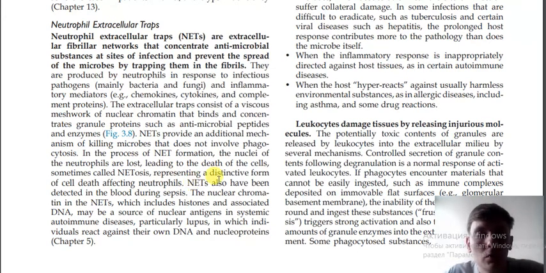NETs have also been detected in the blood during sepsis. The nuclear chromatin in the NETs, which includes histones and associated DNA, may be a source of nuclear antigens in systemic autoimmune diseases, particularly lupus erythematosus, in which individuals react against their own DNA and nuclear proteins. Antinuclear antigens, so it's typical for them.